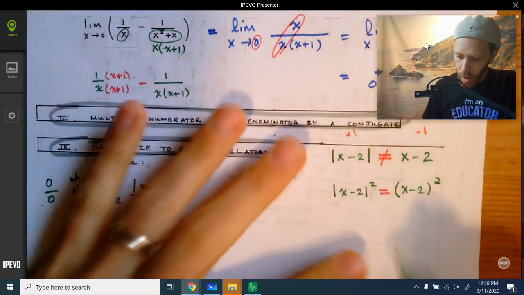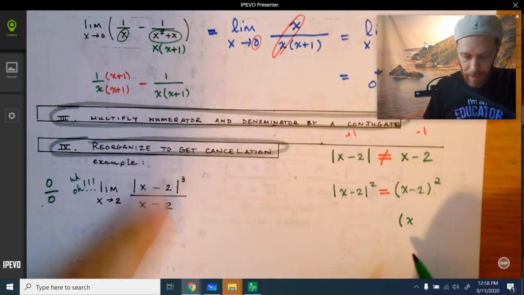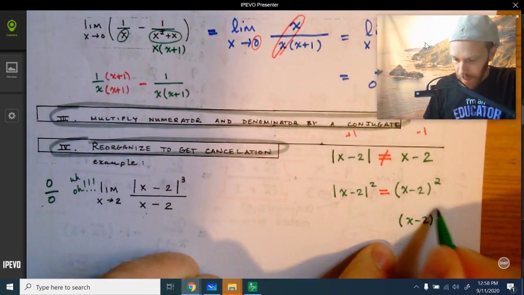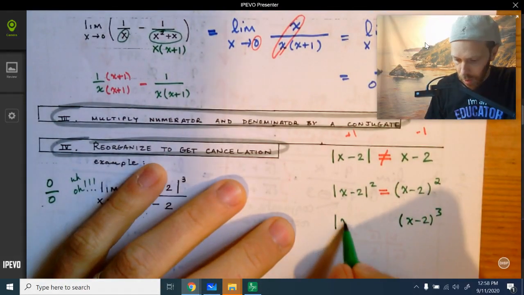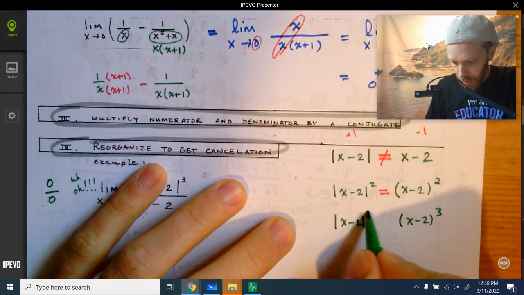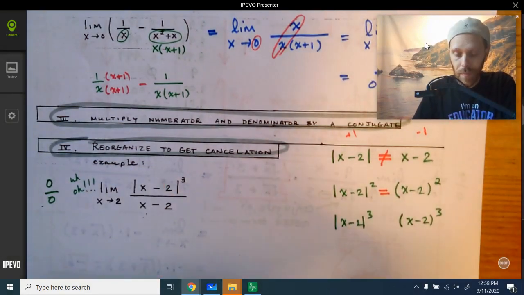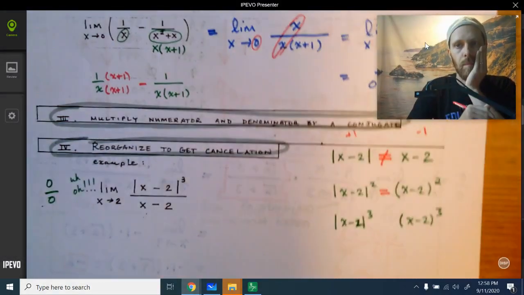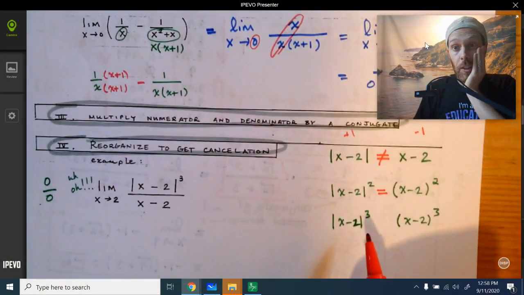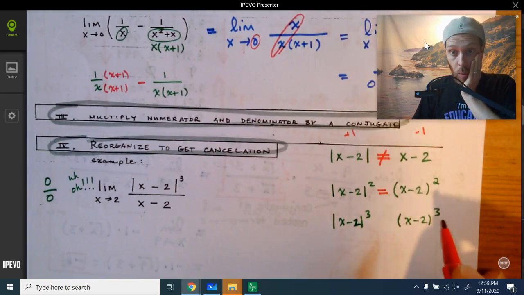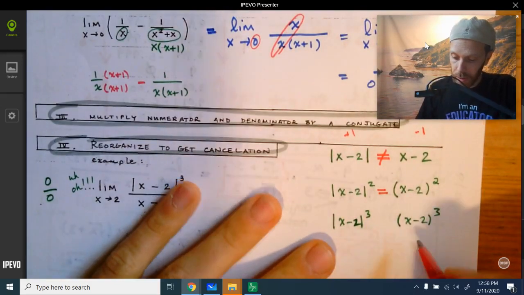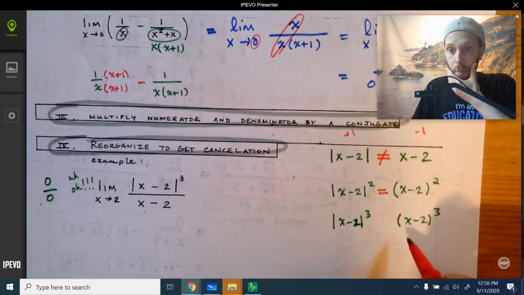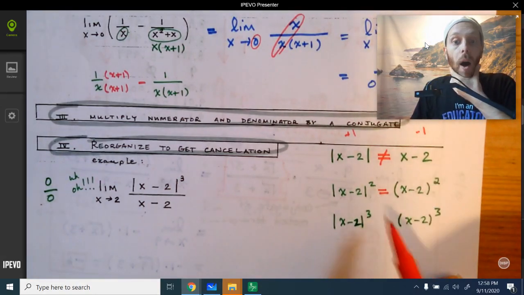Well, as long as we're moving along, what about this one? I see a cubed right here. Is this equal to this? That's a 2. The answer to this one is once again no. And the reason is, pick a number, pick 1 again.